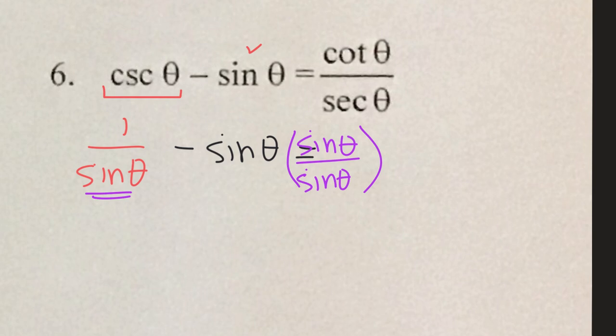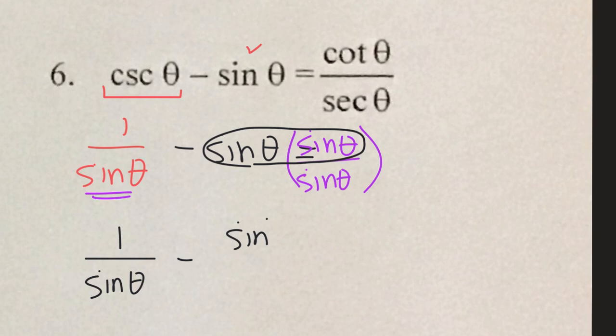Okay, so the long way would be to rewrite this as 1 over sine minus, now sine times sine is sine squared over sine. Okay, so I have taken my non-fraction, my normal sine, and I have written it as a fraction with the same denominator as my left fraction.